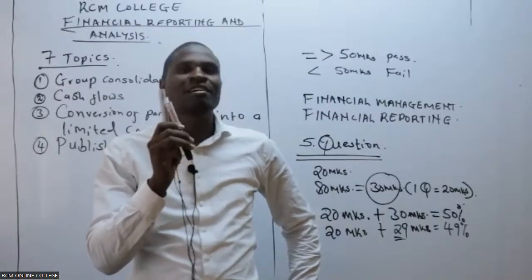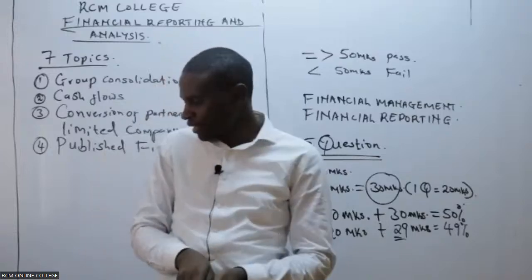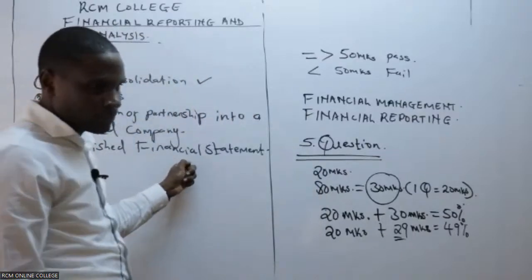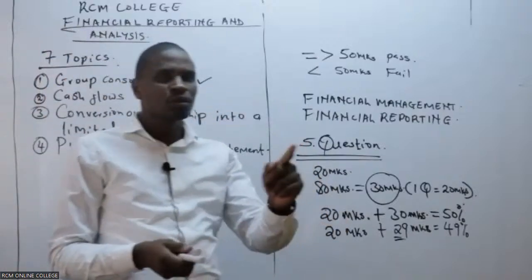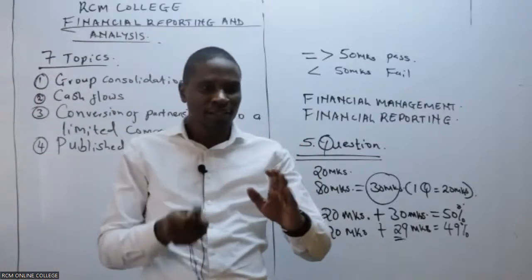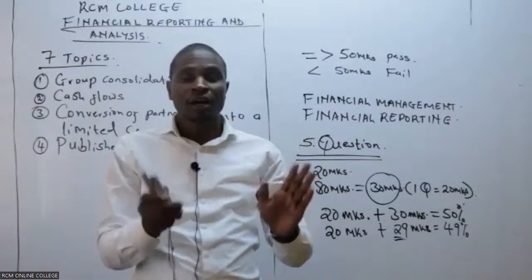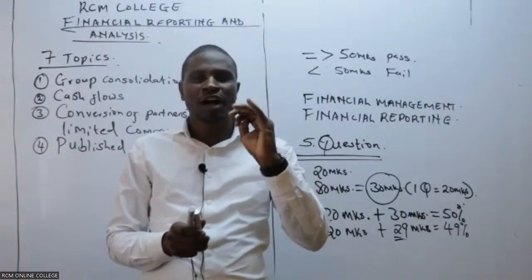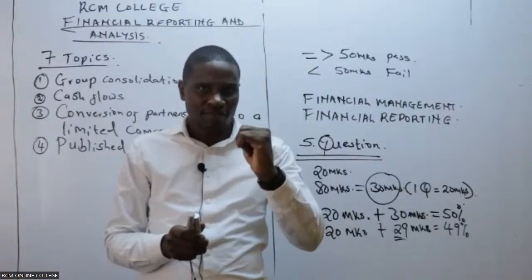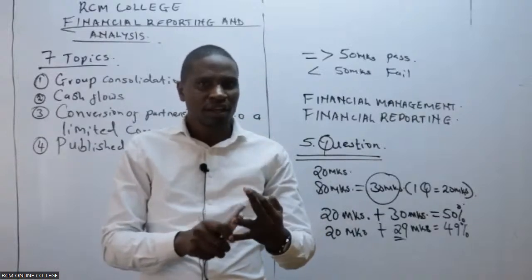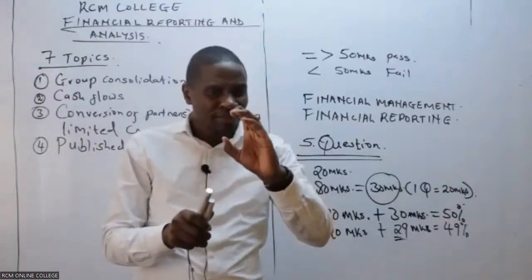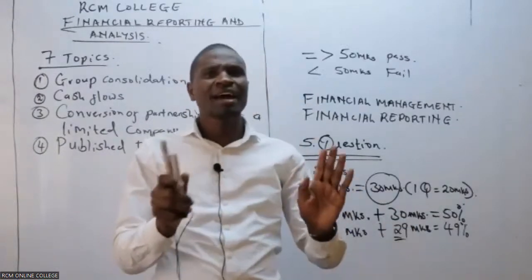Yes, thank you. IAS 1 tells us how we should prepare published financial statements. You can go and search IAS 1 and see how it explains how the statement should be done. Remember, we said that it should have five expenses: cost of sales, admin, distribution, finance cost, and other expenses.